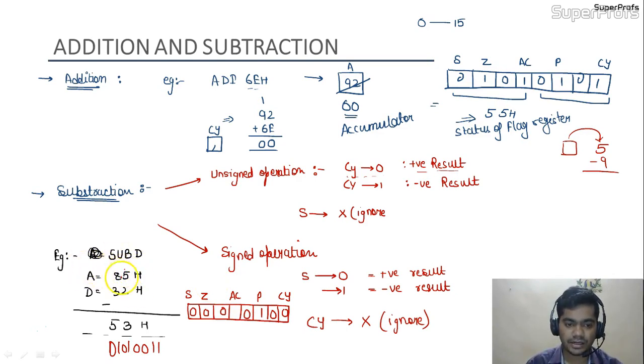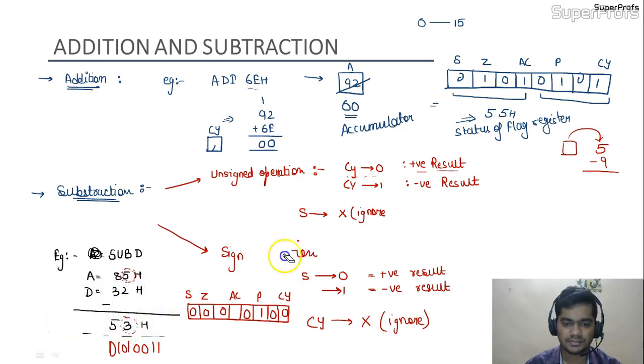Suppose the lower nibble of the accumulator: take this lower nibble of the accumulator and this lower nibble of the result.